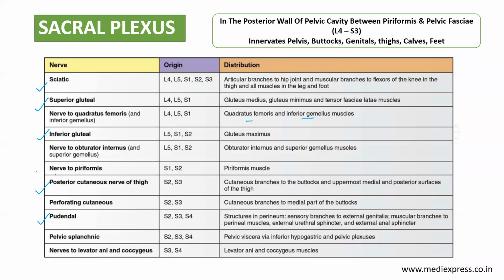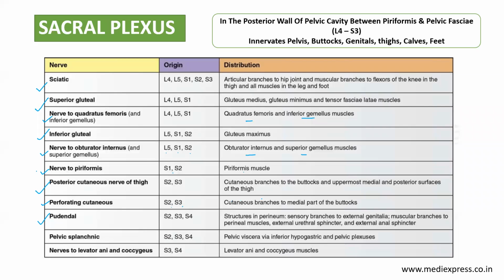The other nerves are nerve to obturator internus and superior gemellus. As the name suggests, it supplies obturator internus and superior gemellus muscle. The root value is L4, S1 and S2. Next one is nerve to piriformis, supplies the piriformis muscle. Root value is S1 and S2. The next one is perforating cutaneous.